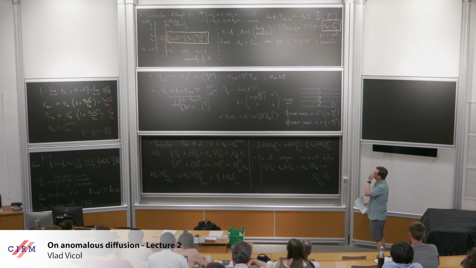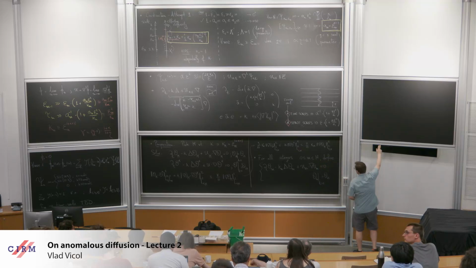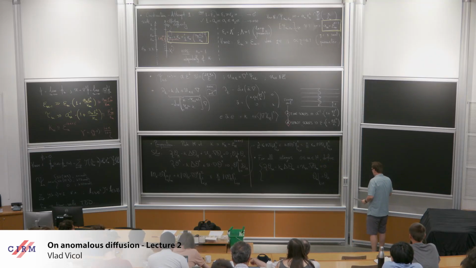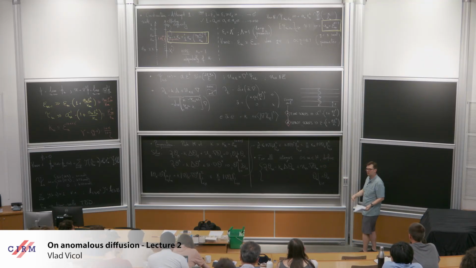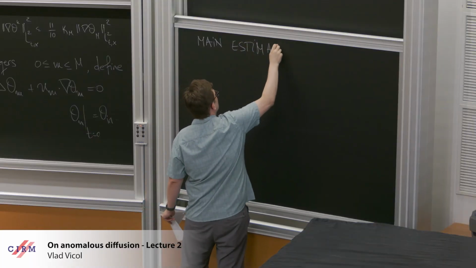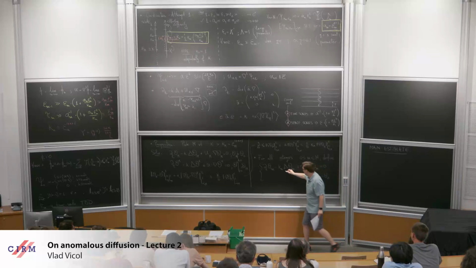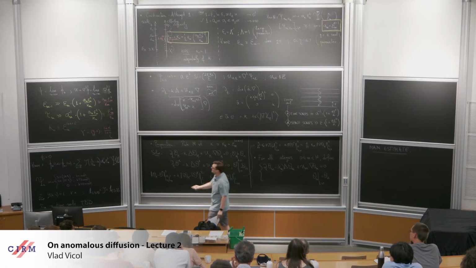Define these objects. So now, what do you do with them? You want to prove the hardest part of the proof, which is the main estimate. By the way, this kappa M is this one, right?